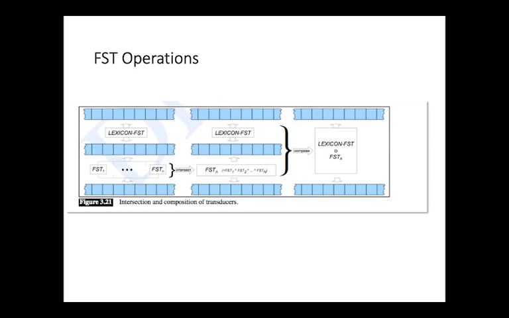Then you compose the lexicon FST and this other FST and get a singular big FST that does everything by itself. So you can write things in little pieces, and you can put them together and make big things out of them. You write them in little pieces that are easy to test and easy to understand, and then you can compose them, union them, and concatenate them together into bigger, more complicated structures.